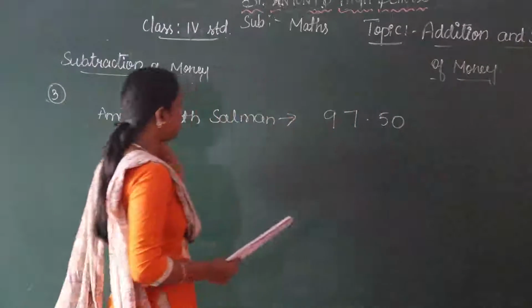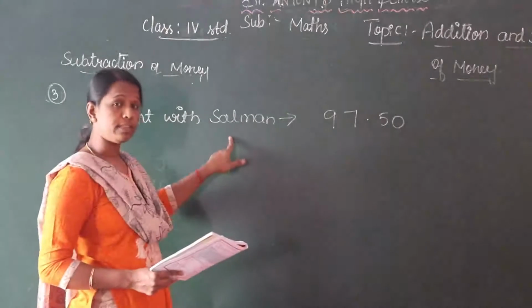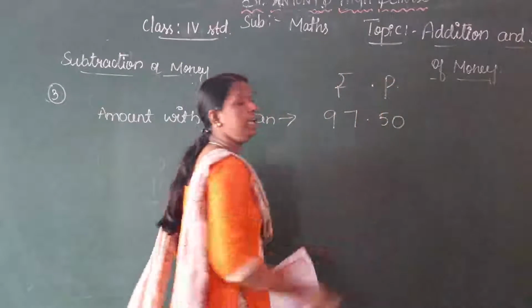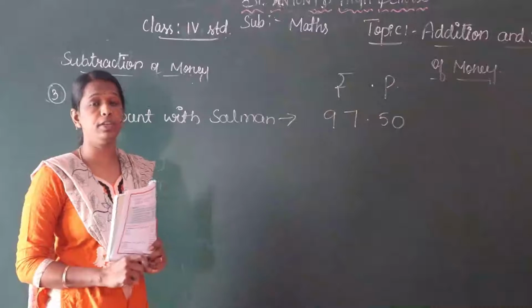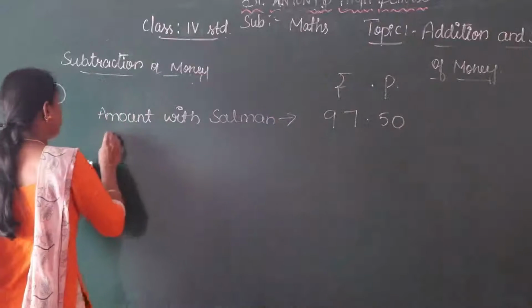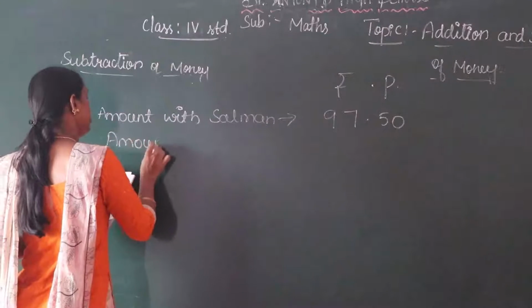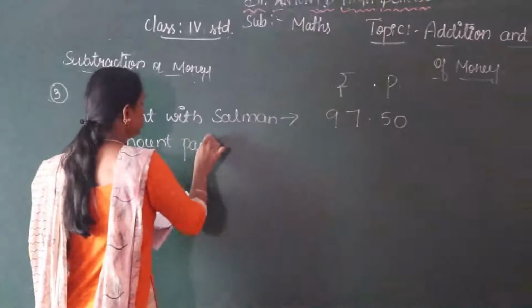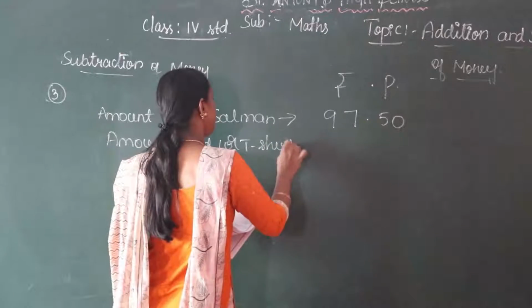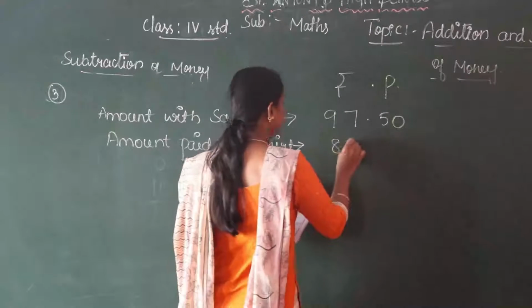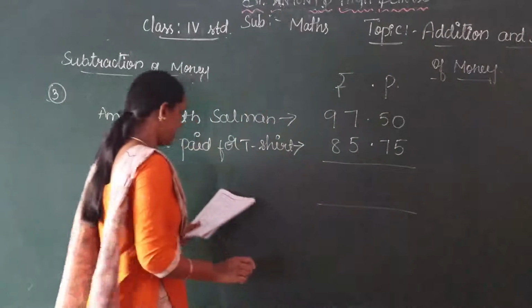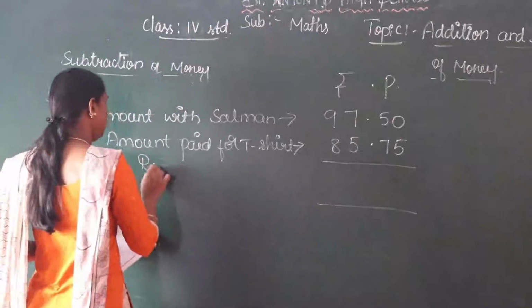So the amount with Salman is rupees 97.50 paisa. But he purchased a t-shirt. The amount paid for the t-shirt is rupees 85.75 paisa. So what is the remaining amount we have?